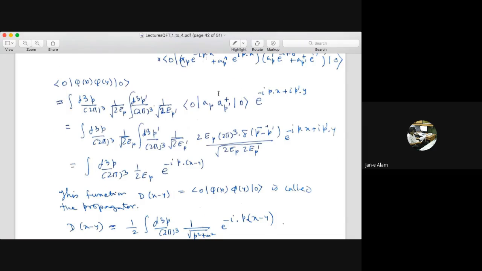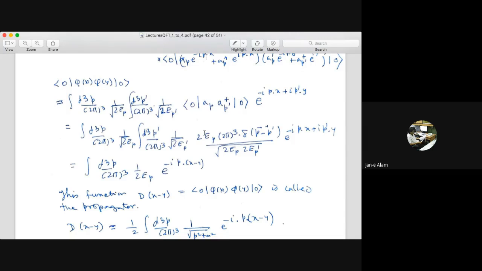And if only this term survives, then you can do this integration, right? These integration measures are coming from the expansion of the φ, and a dagger operating on |0> will give you |p'>, and a_p operating on this bra vector <0| will give you <p|.